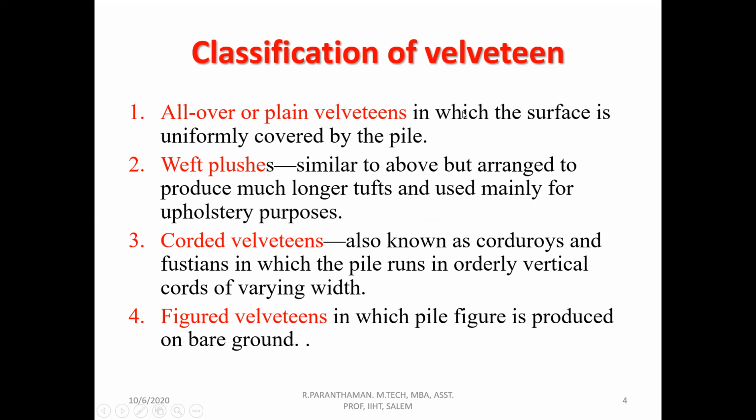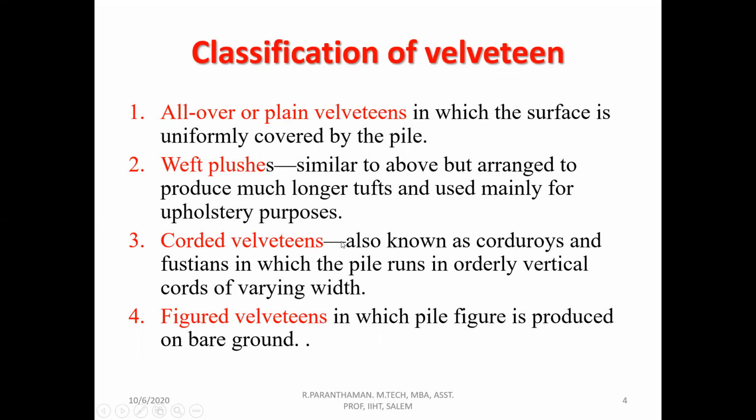The all over plain velveteen means the surface is uniformly covered by the piles. The weft plushes are similar to the above but arranged to produce much longer tufts, used mainly for upholstery purposes. So in this, the fabric surface has longer tufts.